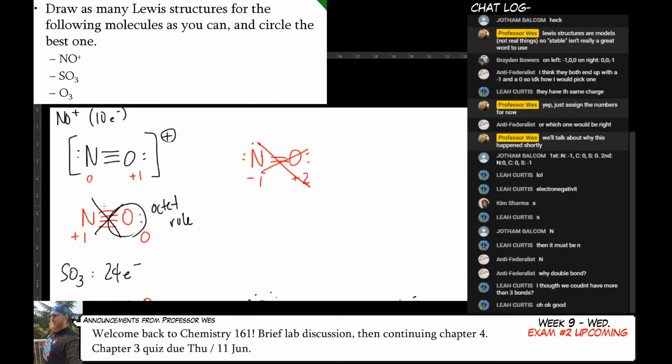The other thing that's important to comment on is that this looks really weird on oxygen. It's very off-putting to students who are first doing this formal charge method and saying, oh, I want to put the negative charges on electronegative elements, and I want to put the positive ones on the ones that are less electronegative. Oh, wait, in this case I can't, and it's the first example he gave us.